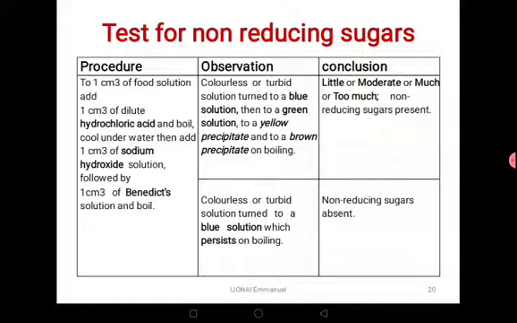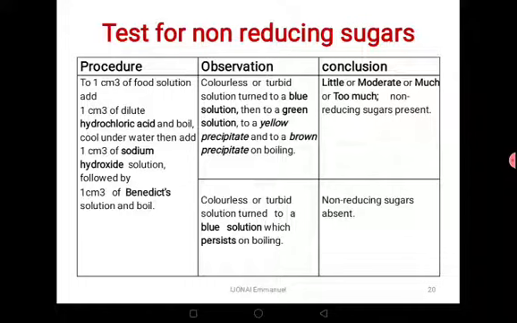Yes, they have been broken down to produce reducing sugars. The reason why we add hydrochloric acid is to break down the non-reducing sugars to reducing sugars. And then if the solution remains blue, and when you boil it remains blue, it means the reducing sugars are not there. It means reducing sugars are absent.